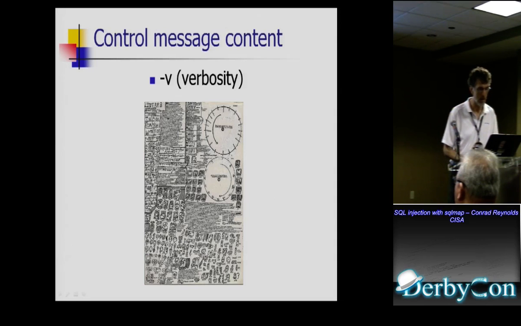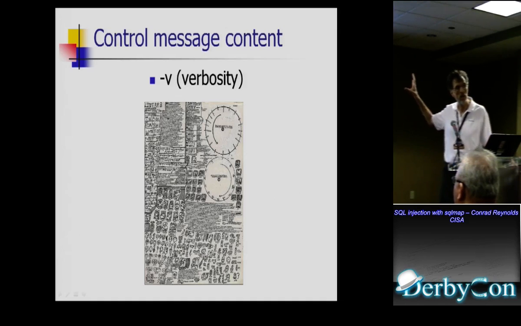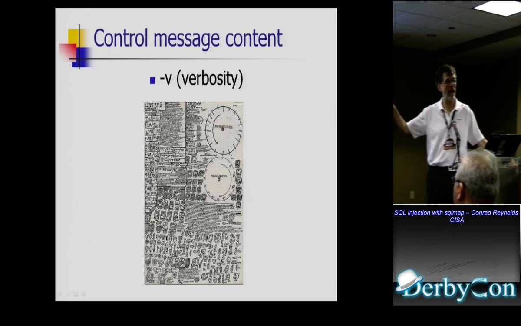There's also a handy option here called verbosity. Now, what you saw on my little movies there was the default verbosity, where it just comes back with the basic information messages, warning messages if necessary, and will list one of the final injection payloads that it came up with.